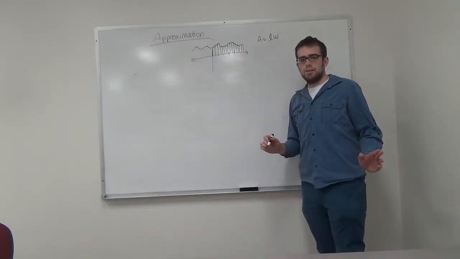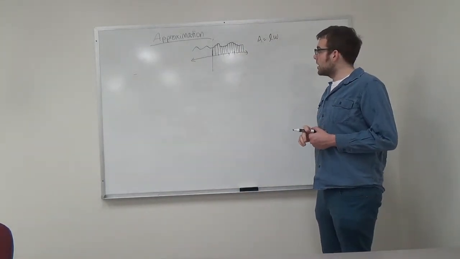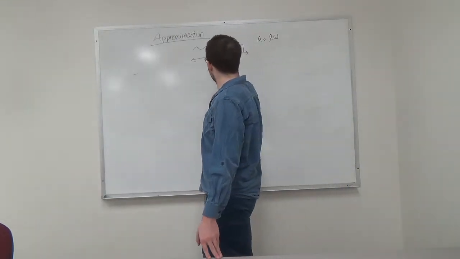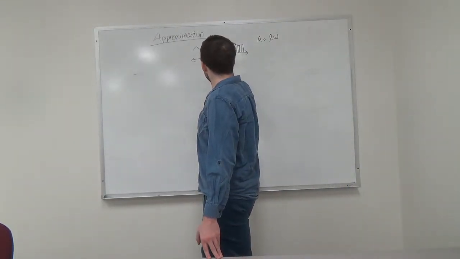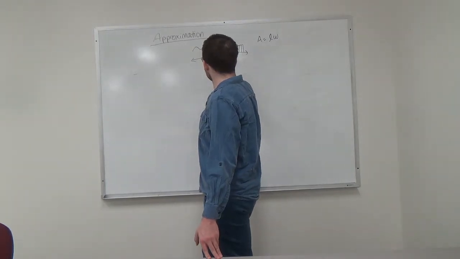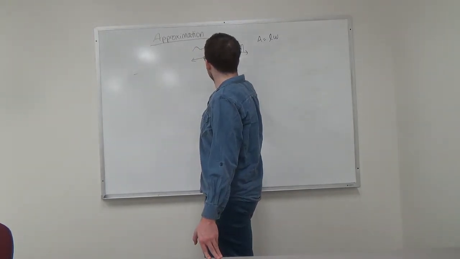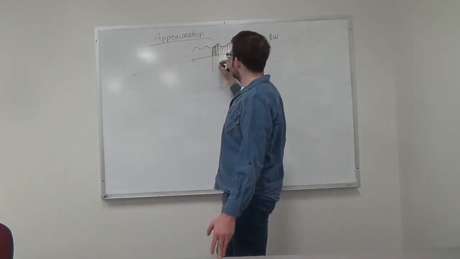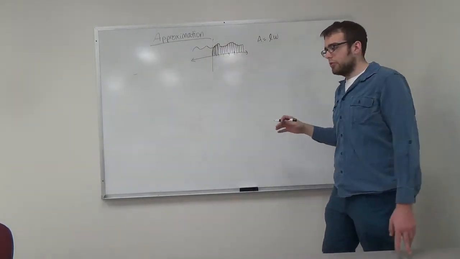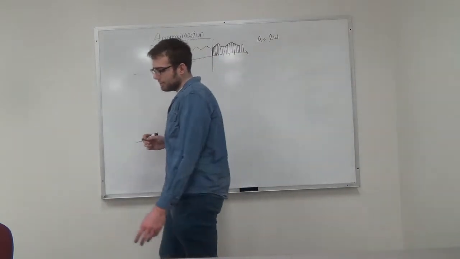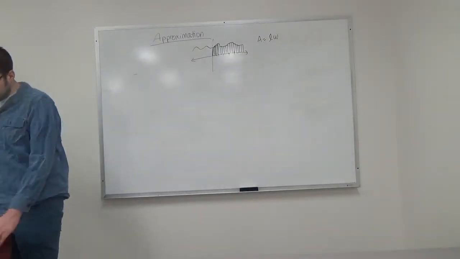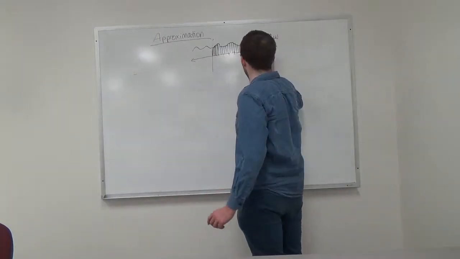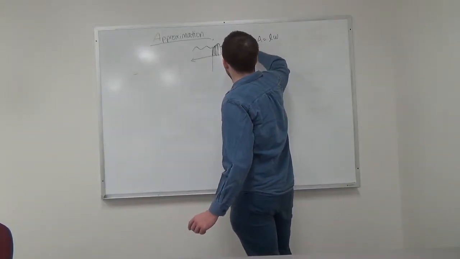Here we can see that our area is actually getting a lot better, and we can further make these rectangles smaller and further improve our accuracy until we get to this point.